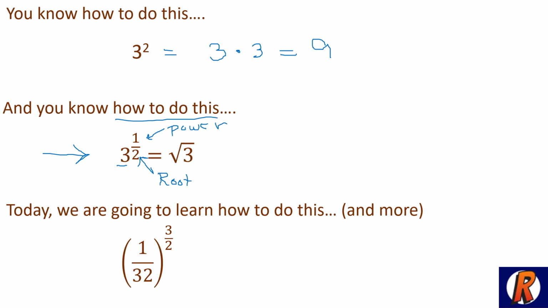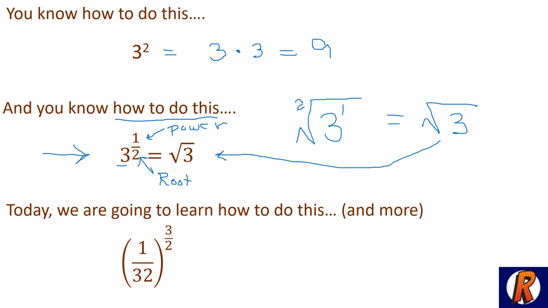So let's just look at the left-hand side, and let's write that as 3, take the base, to the first power, and it's going to be under the root of 2. That's a square root. So we write that as square root of 3. So now these two things look alike, don't they? Now today we're going to learn how to do this and more.